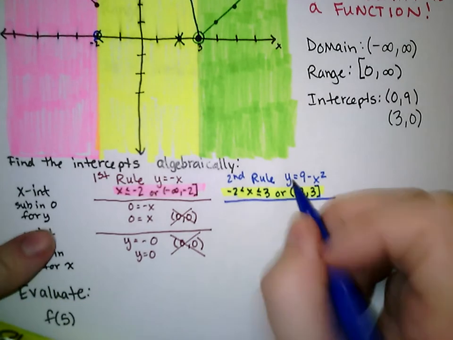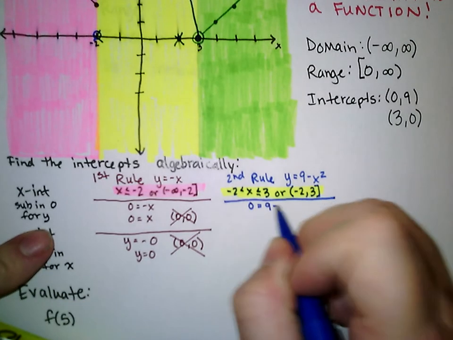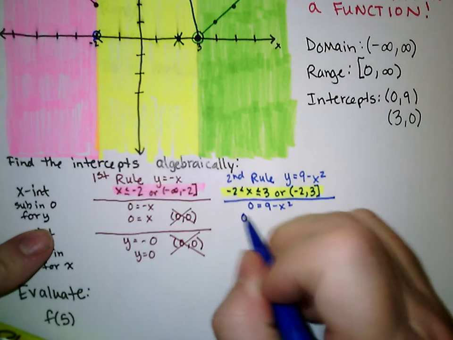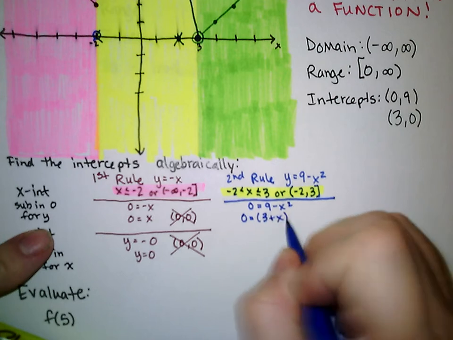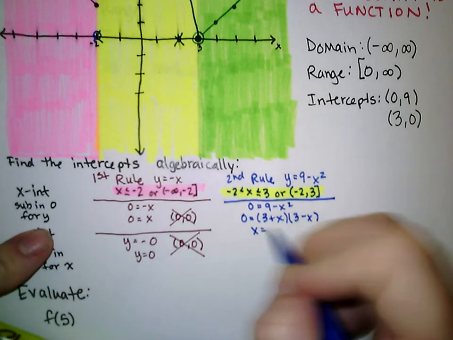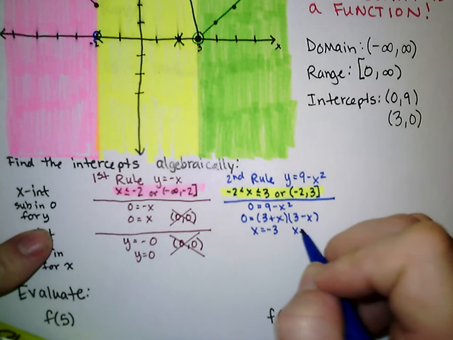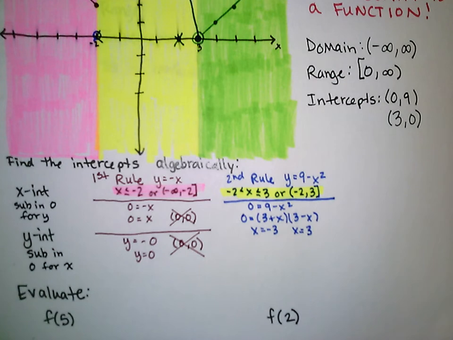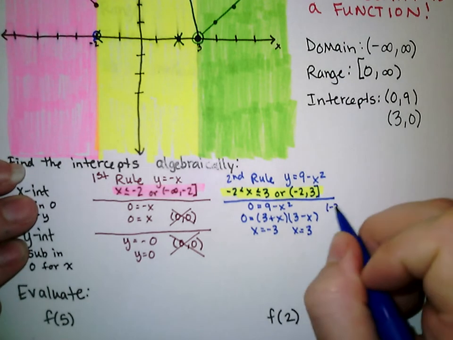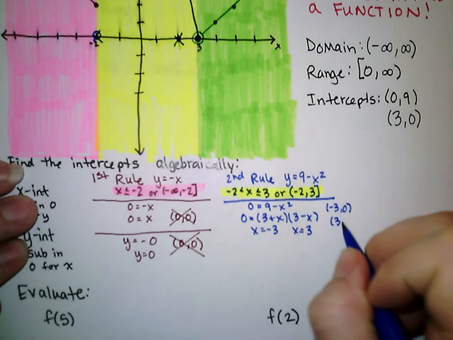Okay, so let's find our x-intercept. So we sub in 0 for y. So 0 equals 9 minus x squared. That actually factors to (3 plus x)(3 minus x), which gives us x equals -3, x equals 3. So those ordered pairs would be (-3, 0) and (3, 0).